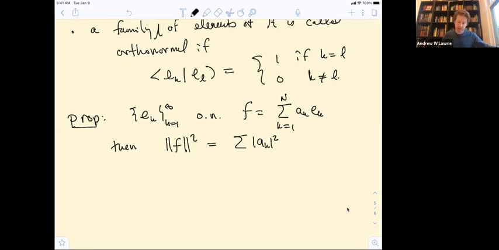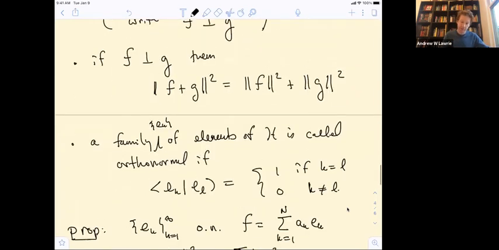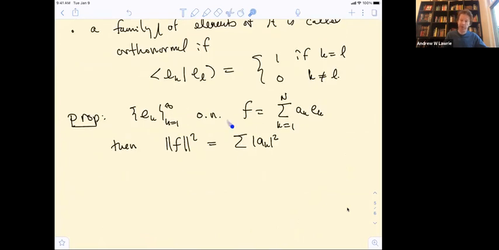This is just the Pythagorean theorem for perpendicular elements, a simple consequence of applying it repeatedly.